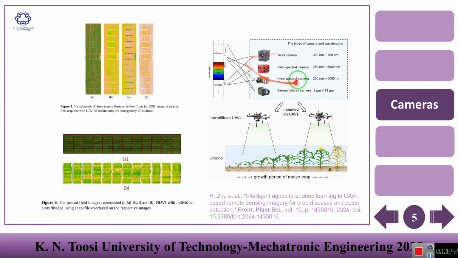And we can see four different types of cameras here, which can capture different variations of wavelengths. And at the end of this page, we have two groups of capturing data. This is low altitude UAVs, and another one which is high altitude.